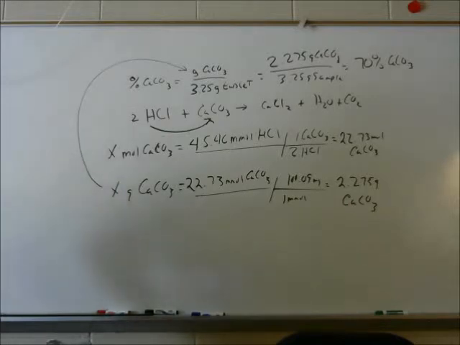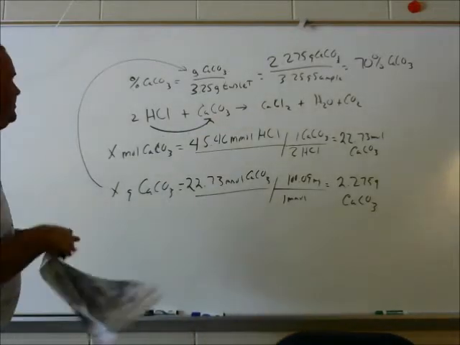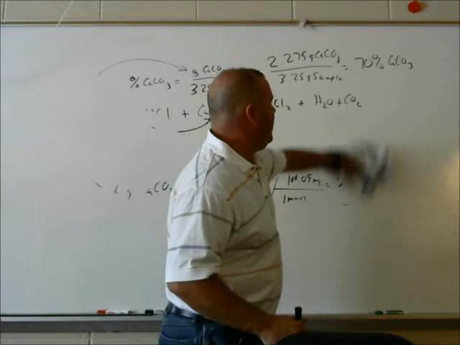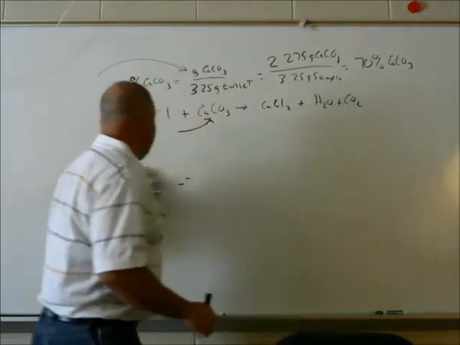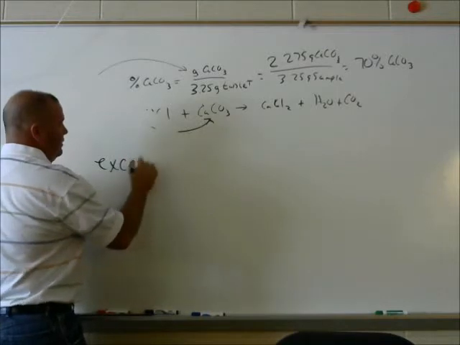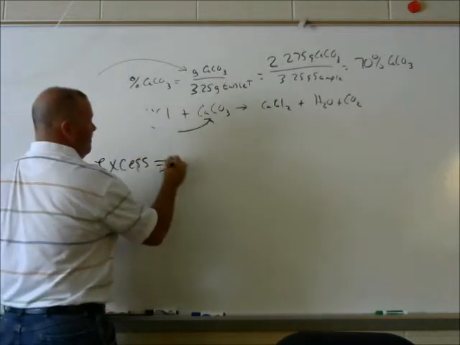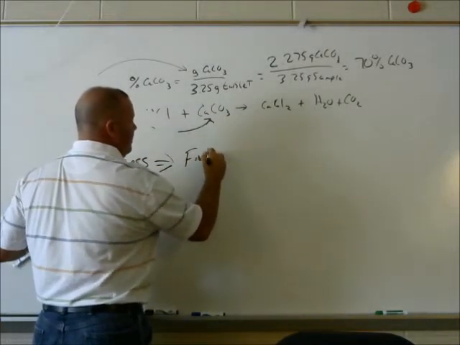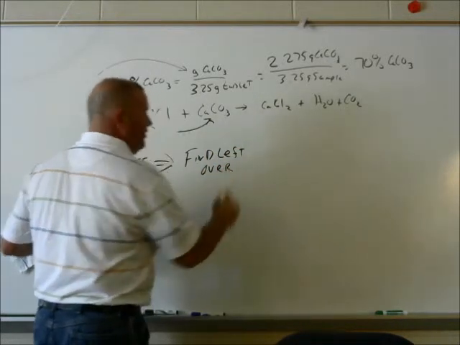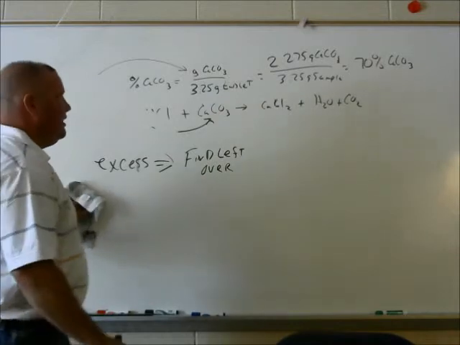Once again, you're going to take a known amount and that's in excess. You're going to analyze to find out how much is left over. And then by subtraction, find out how much actually reacted.